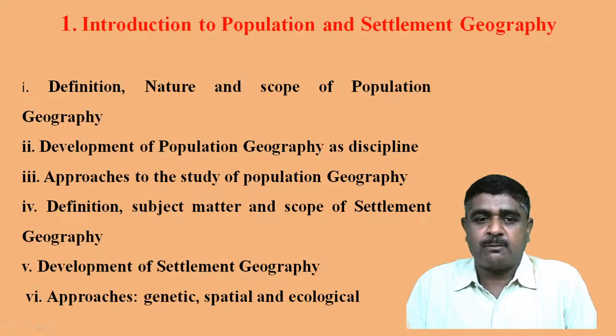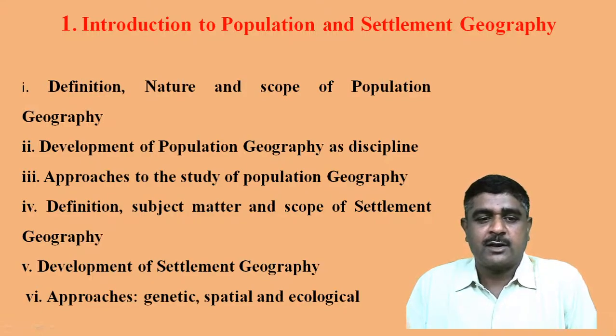In this branch, we will see the evolution of settlement in the world and the development of settlement till today, how settlements developed from nomadic man to developed man. We will study this under the heading of definition, subject matter and scope of settlement geography.